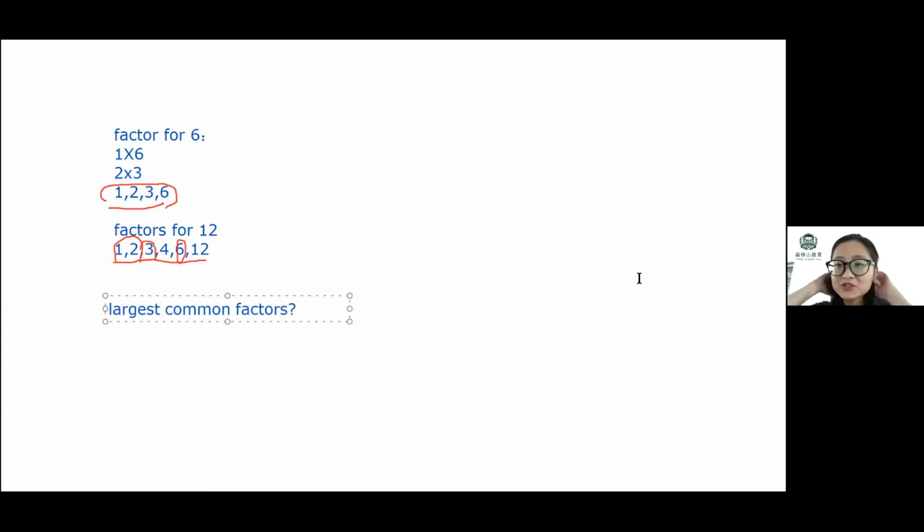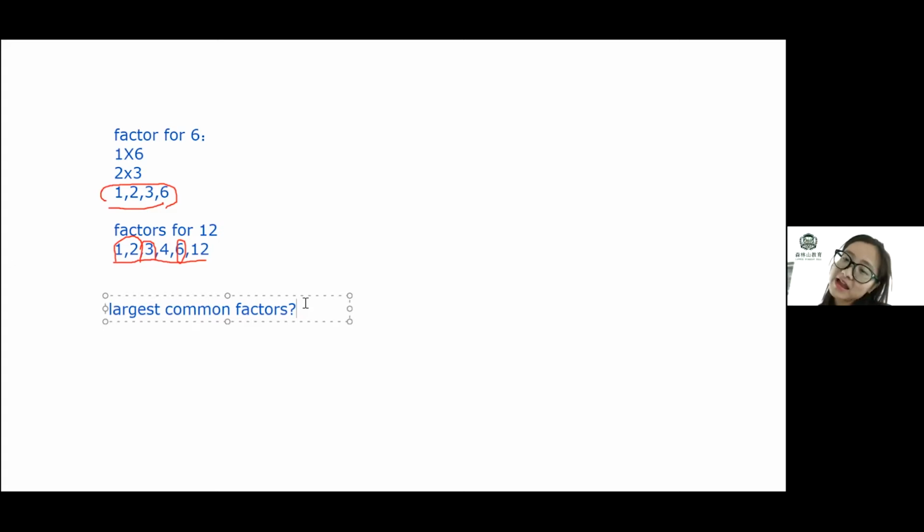It's the biggest common factor that both numbers have. Very good. What is the largest common factor of 6 and 12? 6. Lucas, is that 6? Yes. Great.